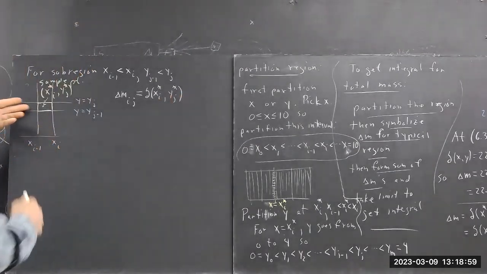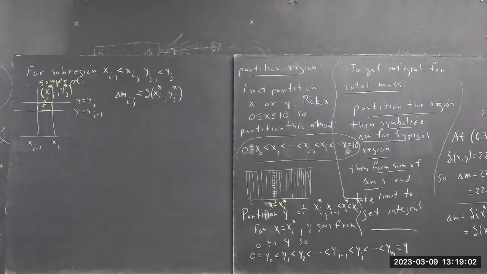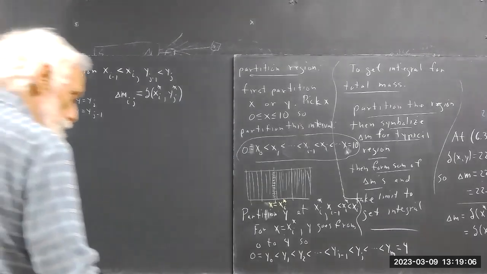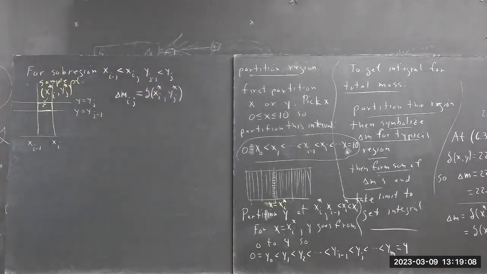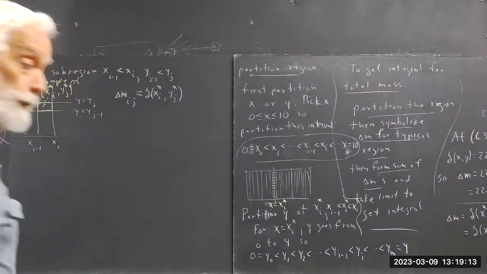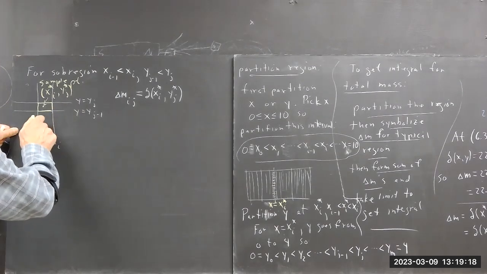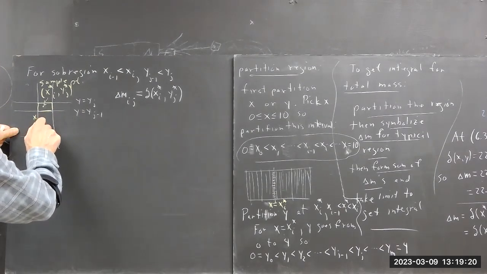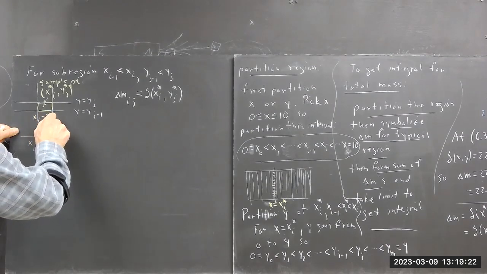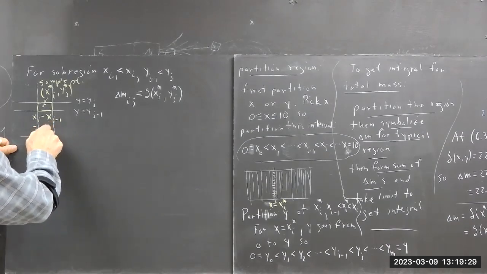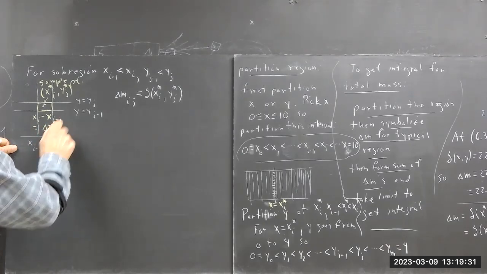What are the dimensions of this rectangle? This rectangle has dimensions xi minus xi minus 1, which we will call delta xi.